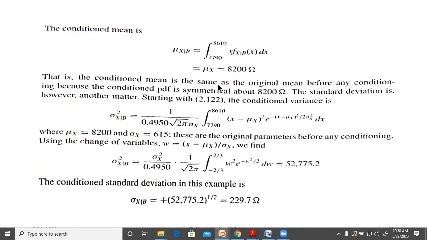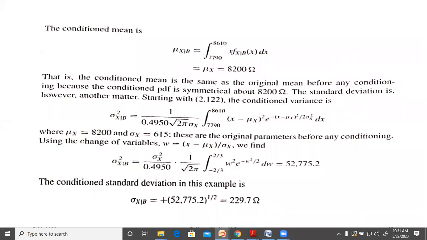The conditioned mean is the same as the original mean because the conditional PDF is symmetric about 8,200. It is symmetrical about the 8,200, since we are taking plus or minus 410. If it was not, then the mean would have differed also.